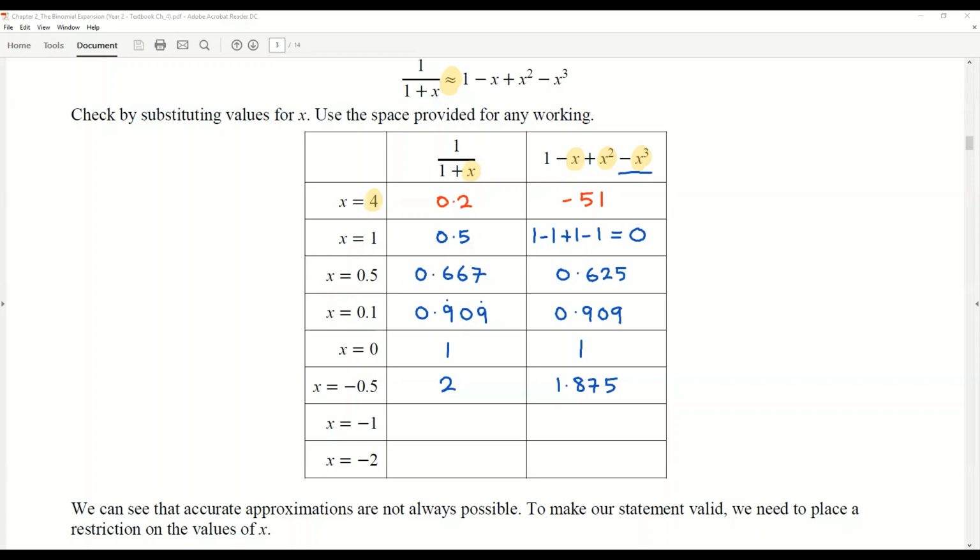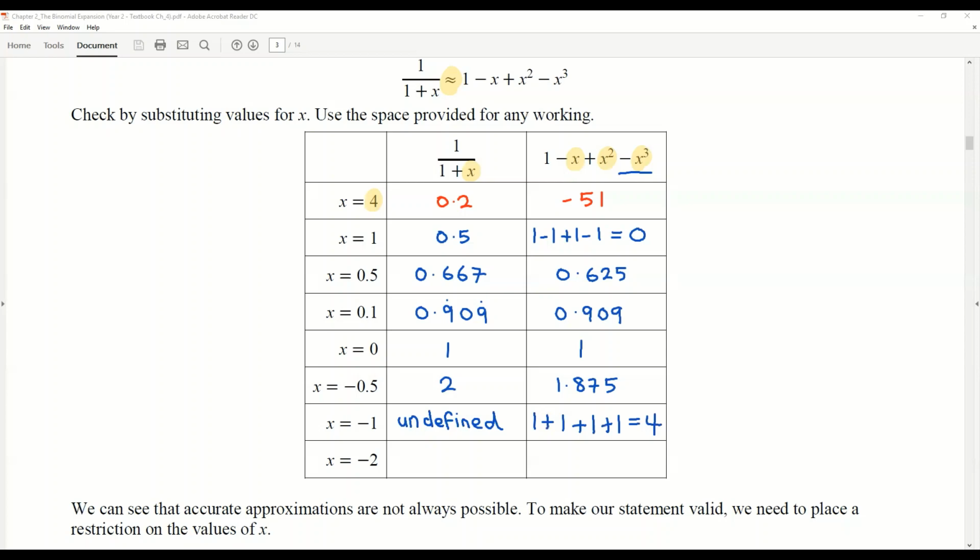If I put negative 1 into the denominator on the left-hand side, of course, I'm going to get 0. So this is undefined. It doesn't have an answer, essentially. Okay, it's an asymptote. And then if we put negative 1 on the right-hand side, we get something completely different. We would actually get 1 plus 1 because obviously you're subtracting a negative, plus 1 plus 1, which is, of course, 4.